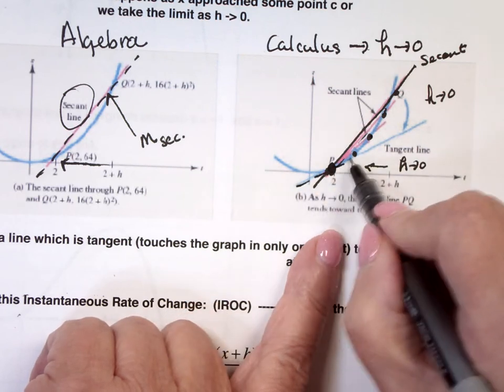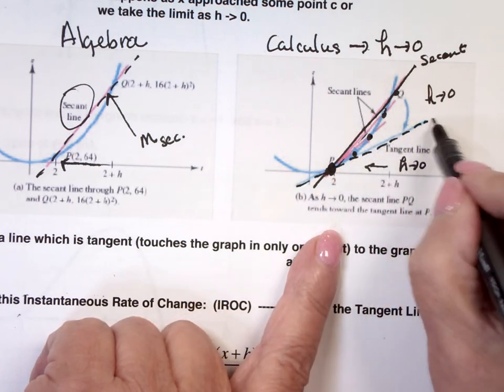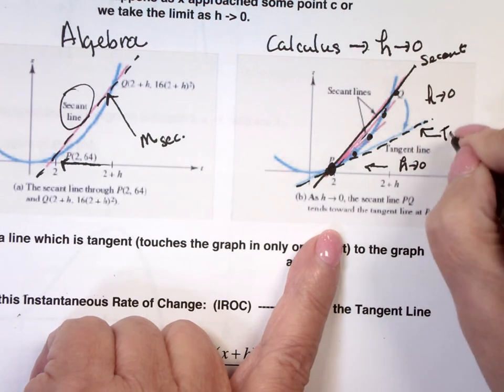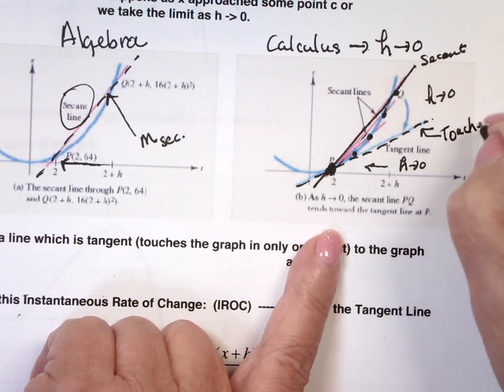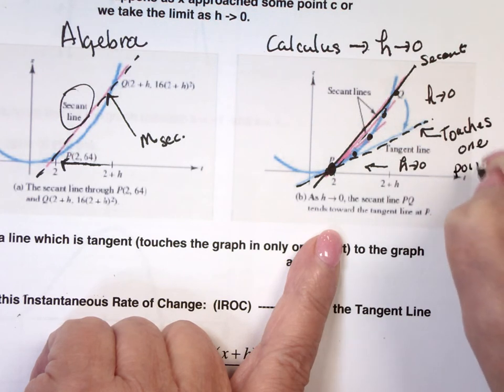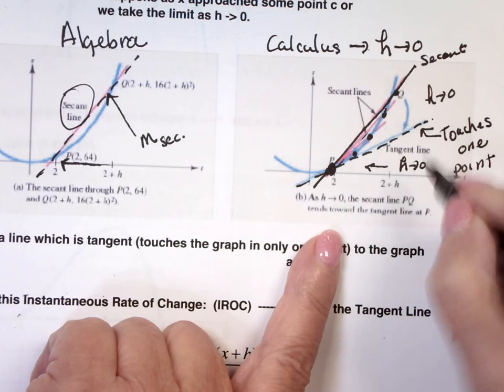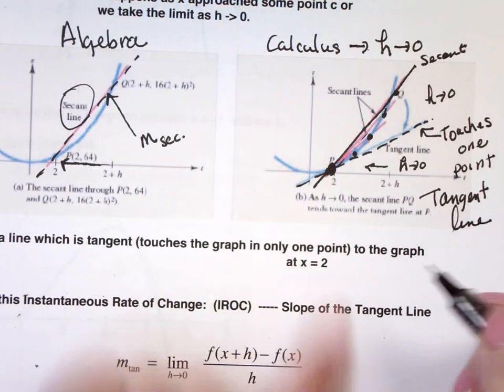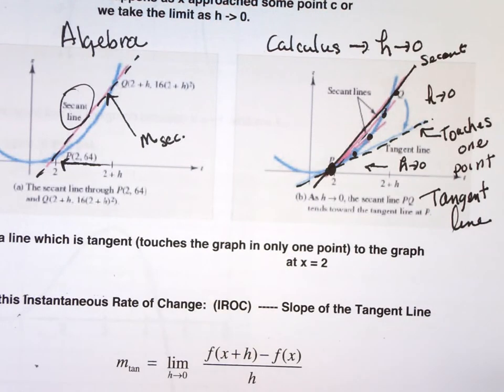The line that only touches the graph at one point is called the tangent line.